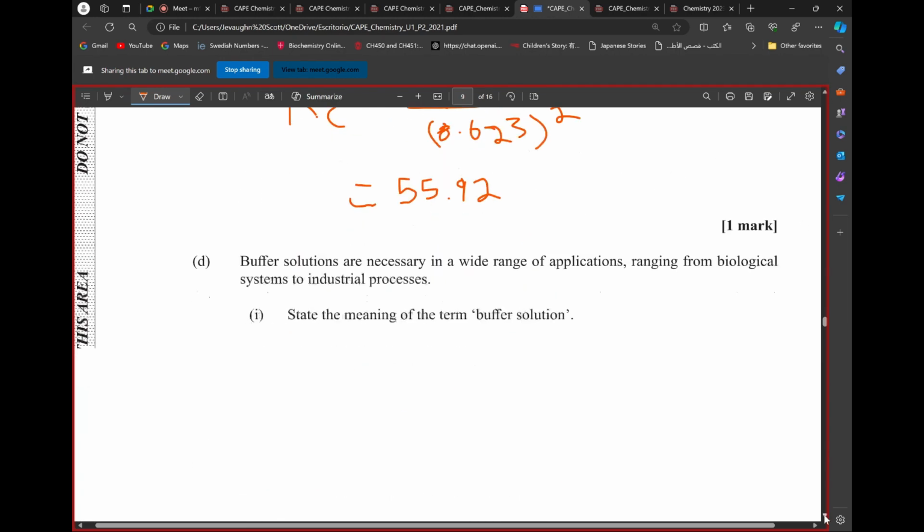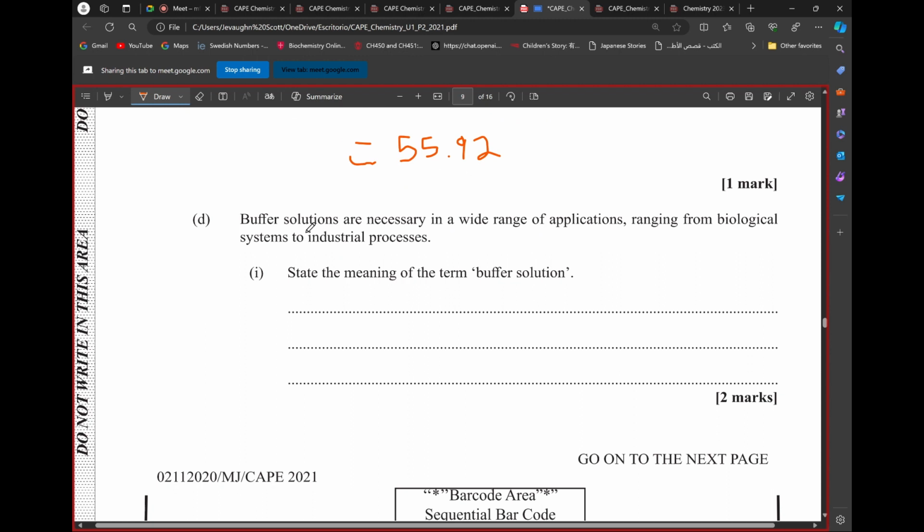Okay. All right. D. Buffer solutions are necessary in a wide range of applications ranging from biological systems to industrial processes. State the meaning of the term buffer solution. So can you scroll up for a second, please? Okay, let me scroll up.